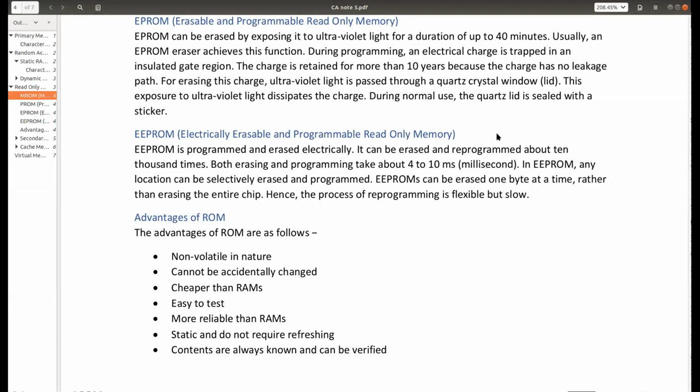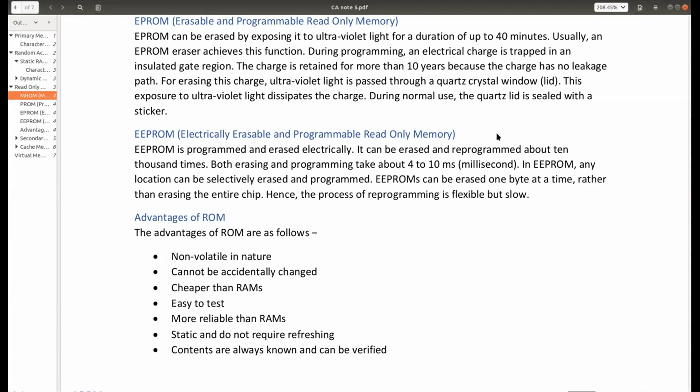What is the difference between EPROM and EEPROM? Sometimes it is known as E square PROM. Now what is E square PROM? It is electrically erasable.